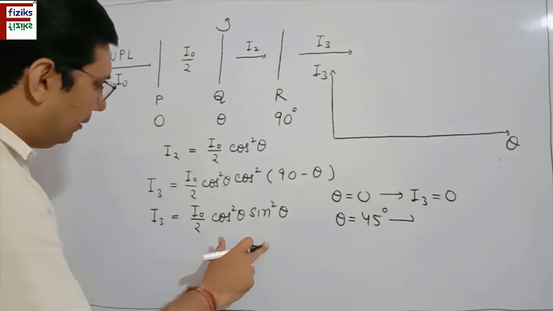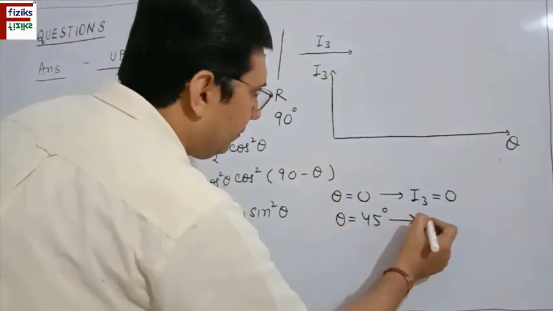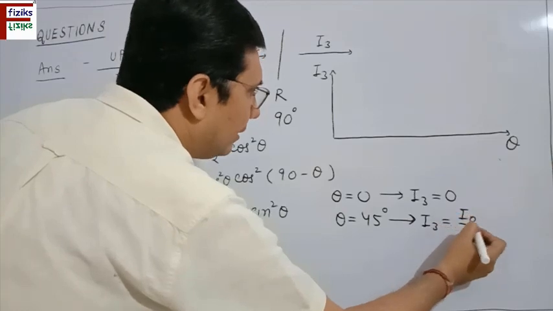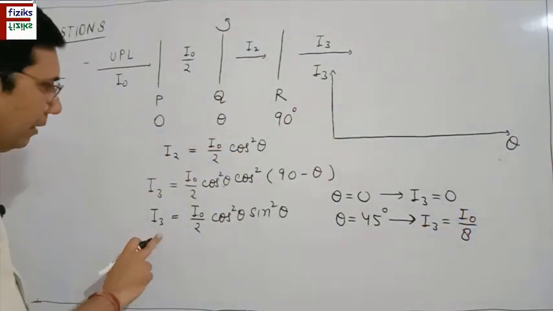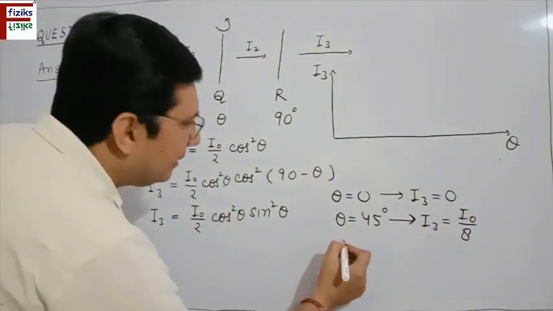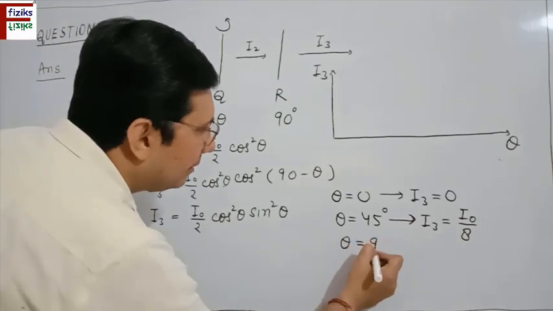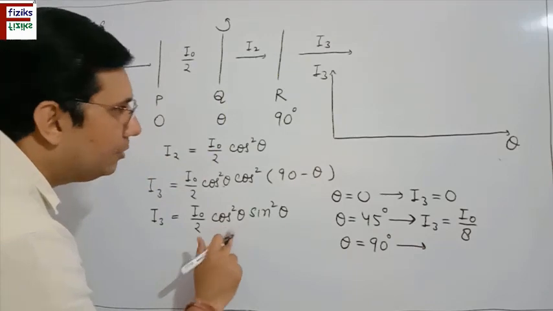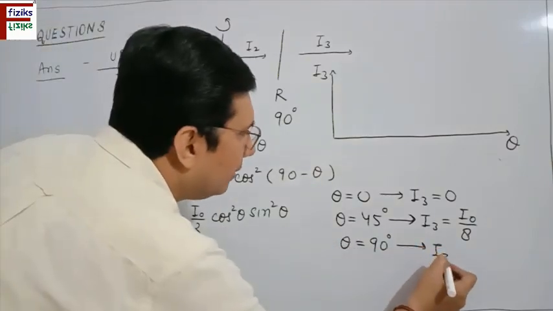Here I3 will become I naught by 8. If we place theta equal to 90 degrees, then cos 90 will be 0 and I3 will be equal to 0.